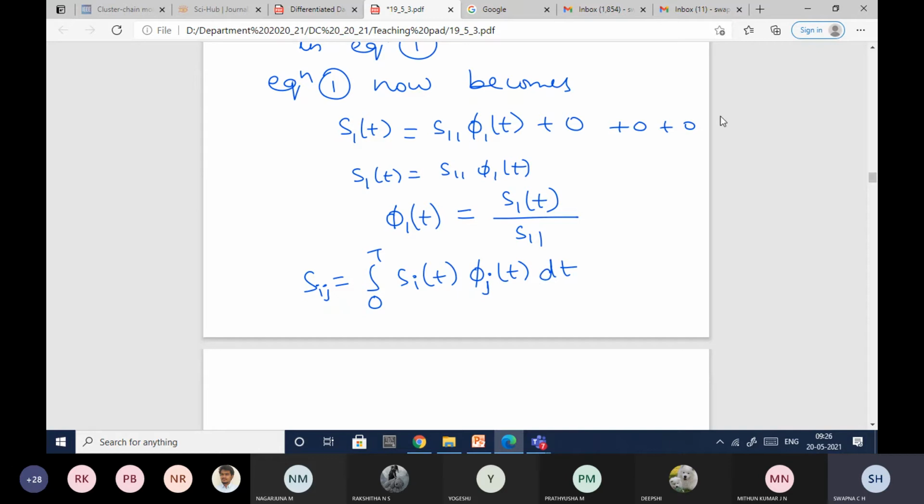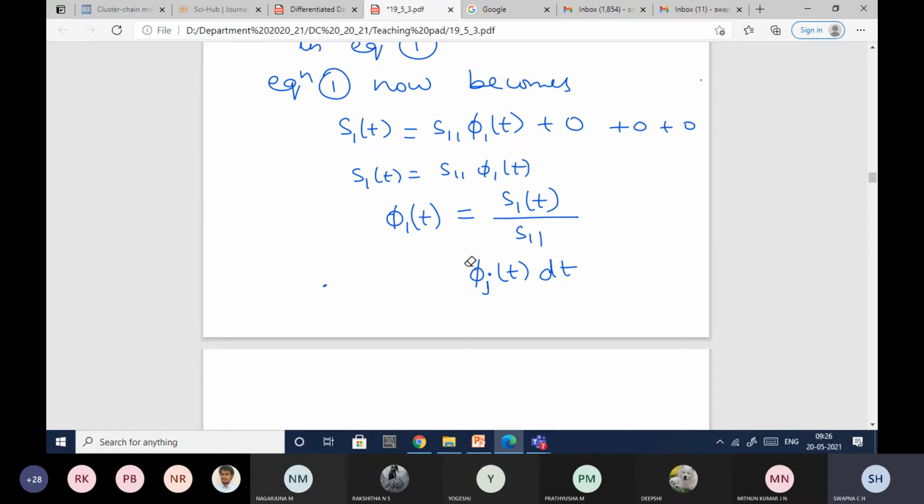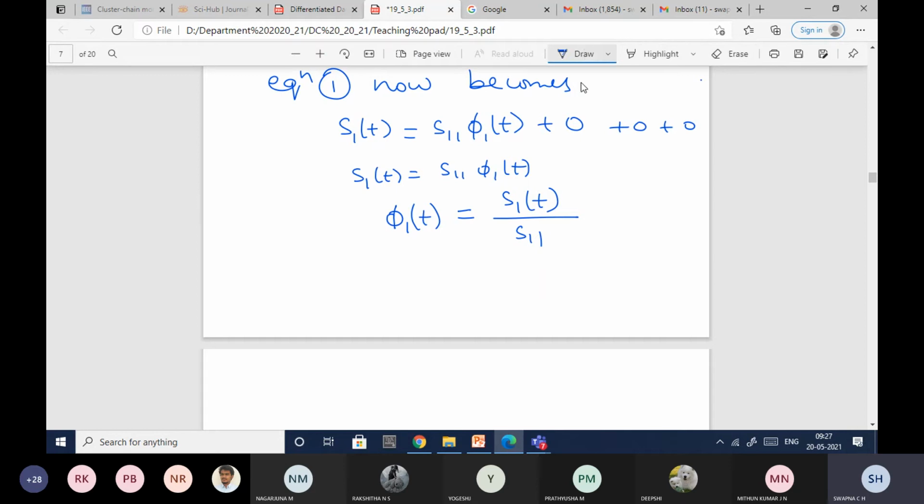I'll do it in the other way. Instead of using this formula, I'll name this equation 1. Here I've got phi1 of t as S1 of t divided by S11.